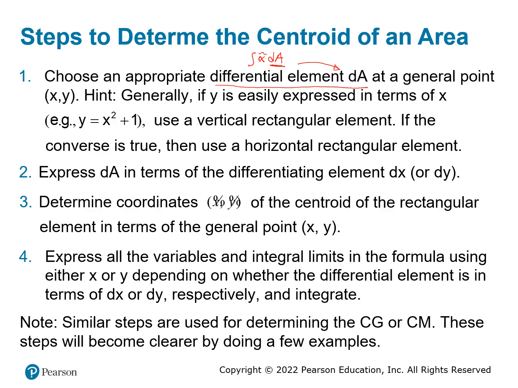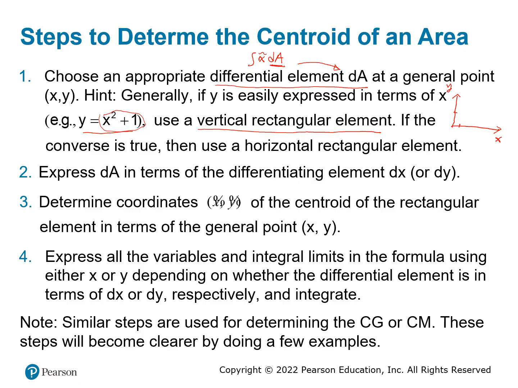So if y is expressed in terms of x, such as this equation, and you will use a vertical rectangular element, what does that mean? If I draw the picture of this shape, this is the x and this is the y. If we represent y equal to x squared plus 1, if x is equal to 1, y equals 2.